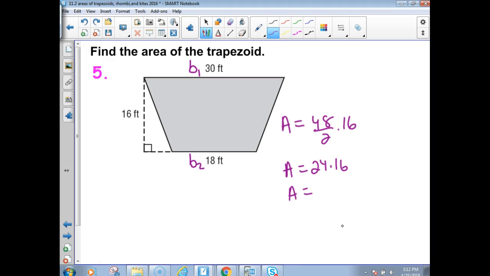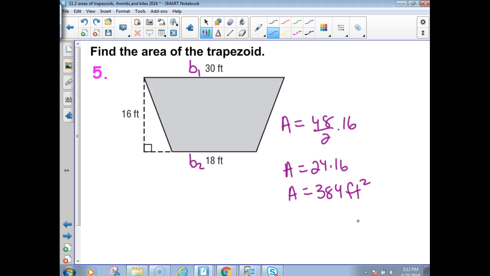What did you get? Did you calculate it? Good. 384 square feet.